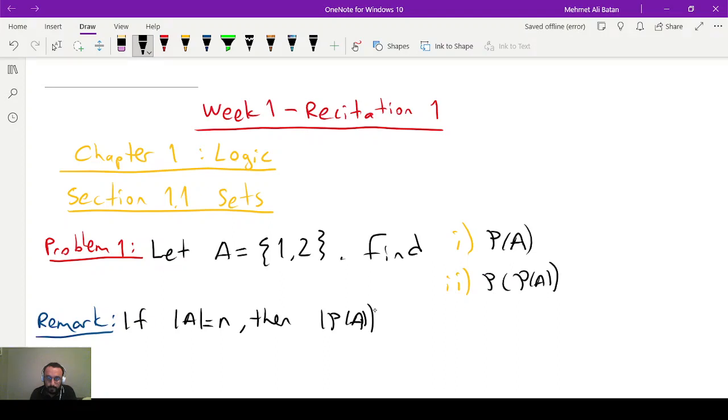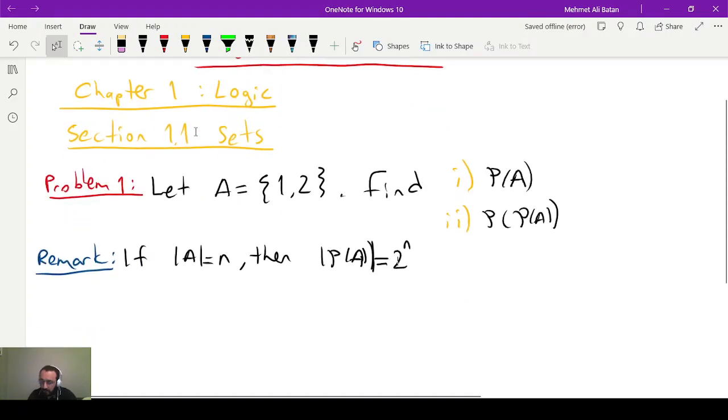is 2 power n. So if you have a set which has 5 elements, which means the power set of A has 2 power 5, in other words 32 elements. Okay, so this fact is important. We will use this fact. Actually it is proven in the lecture videos you can watch.